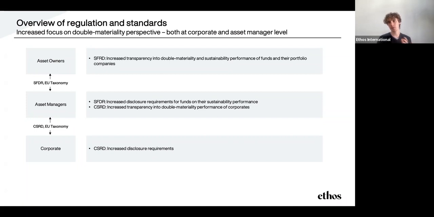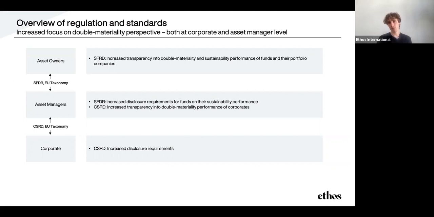There has been some criticism of the order of these regulations. Maybe the CSRD should have come first and then SFDR, but now we have SFDR first. So a lot of the indicators that SFDR requires, you have to ask for before the CSRD comes into effect from the assets under management in order to fulfill the regulation requirements.